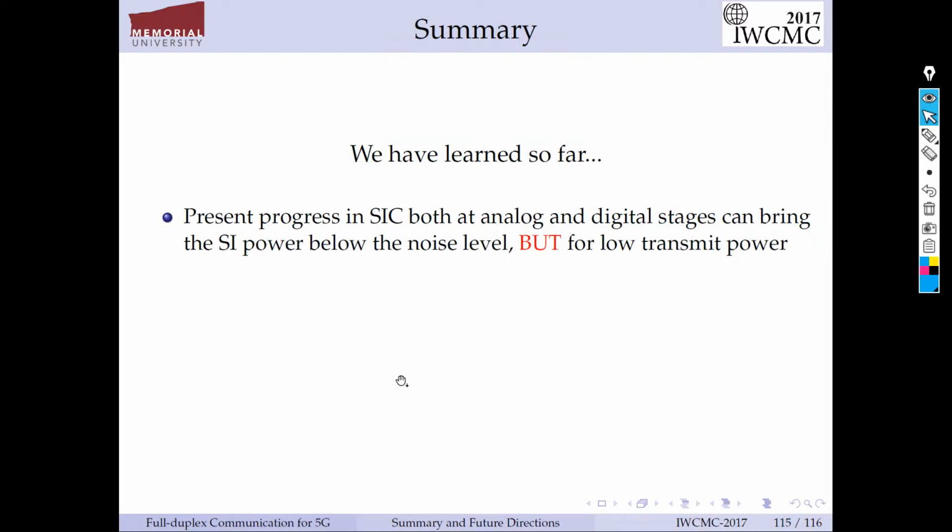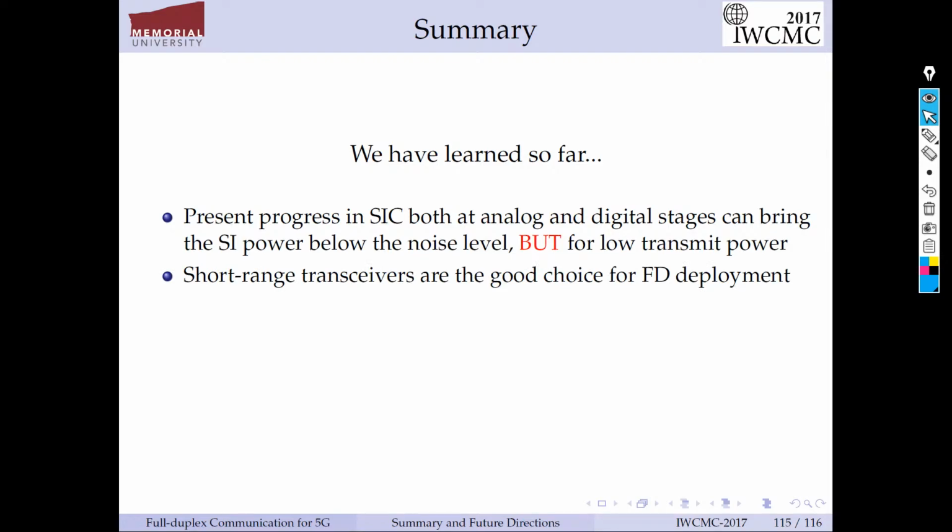So up until now, we can summarize the things we have talked about. First of all, the present progress in self-interference cancellation, both at analog and digital stages, can bring the self-interference power below the noise level, but for low transmit power, short-range transceivers are the good choice for full duplex deployment. See, short range. Why short range?